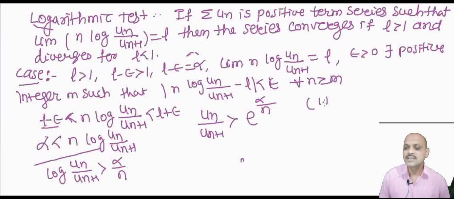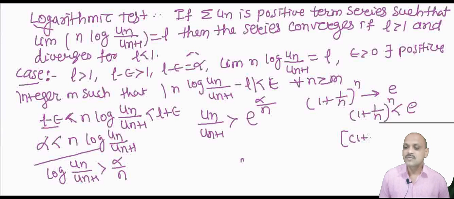Friends, we know that 1 plus 1 divided by n whole raised to n tends to e. So this term is always less than e. That means 1 plus 1 divided by n whole raised to n, whole raised to 1 by n, is less than e raised to 1 by n, and you can see that the n cancels and we get 1 plus 1 divided by n is less than e raised to 1 divided by n.